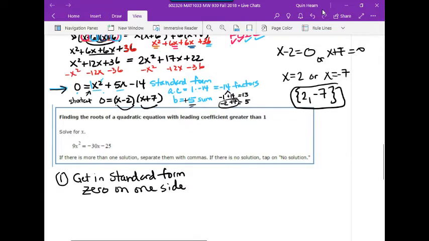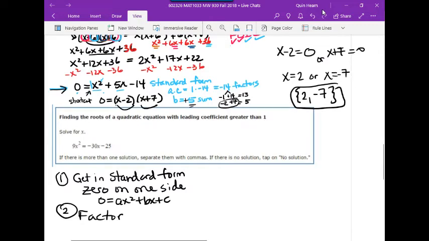Of course you want to combine any like terms, so you might have to multiply through some parentheses before you can do that. But the basic idea is you want 0 equals ax squared plus bx plus c, something of that format. Step 2, we're going to factor.